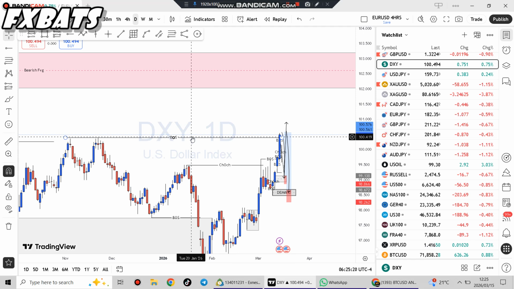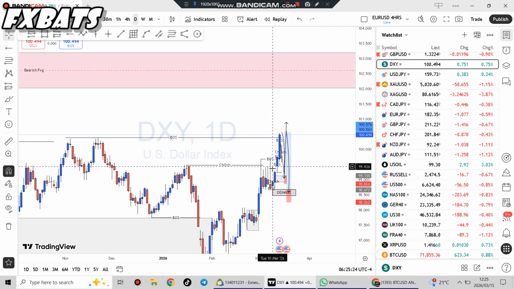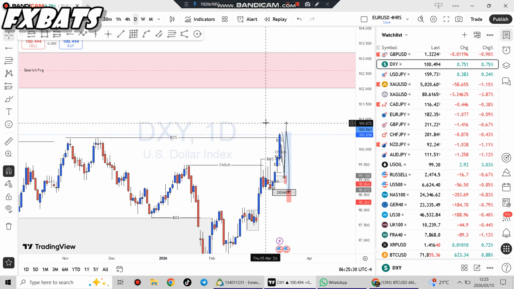Just to be brief, when external liquidity is taken, the market does two things. It first takes out external liquidity, which is the liquidity that rests on swing points.